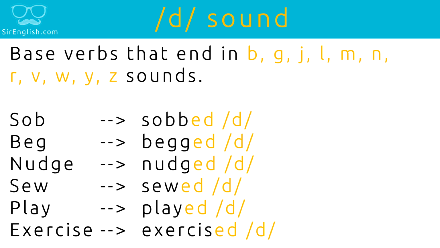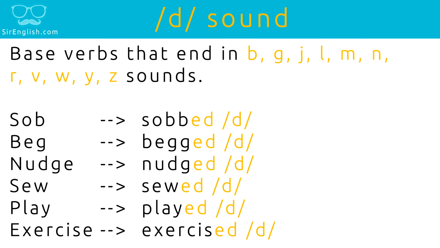And finally, exercise becomes exercised. Now notice the ending of exercise. The spelling is se, but the sound is z, like a z sound. Exercise. So we just add the d ending. The pronunciation is d. Exercised.